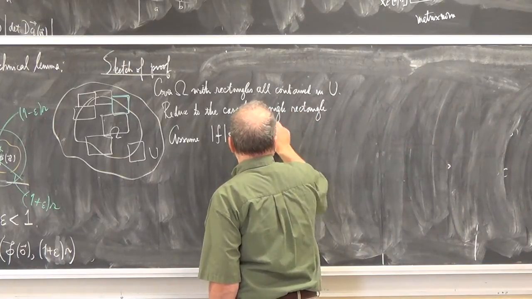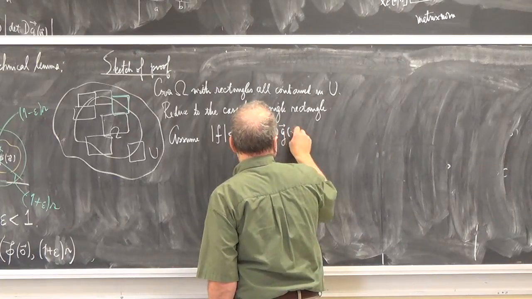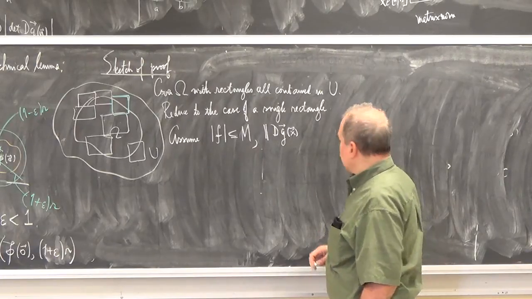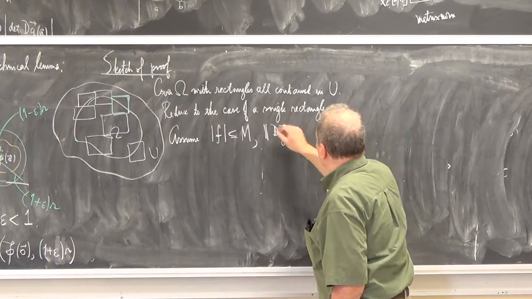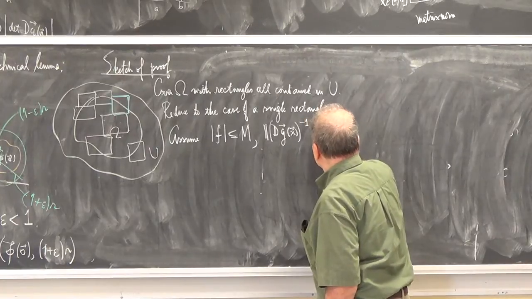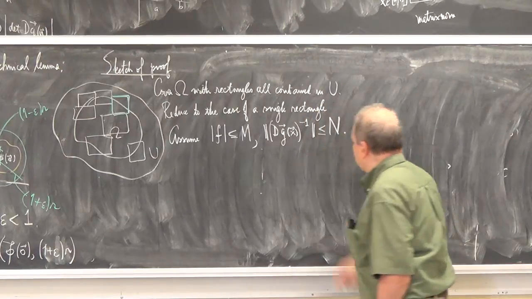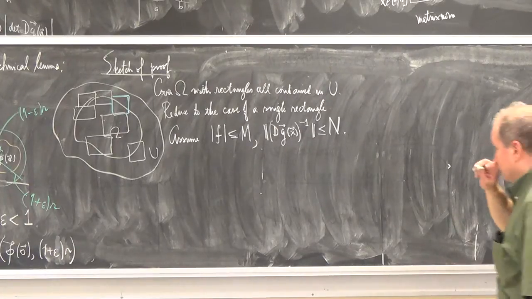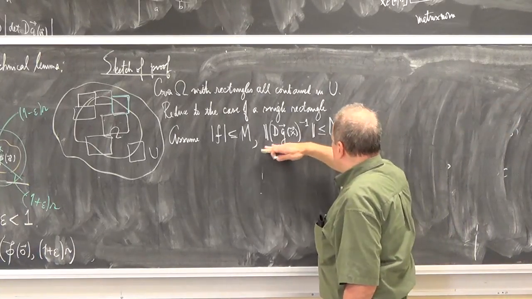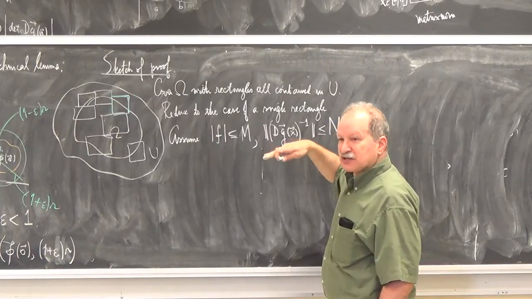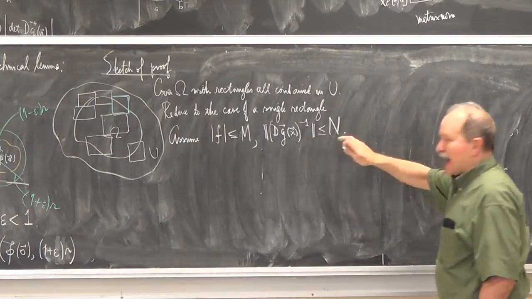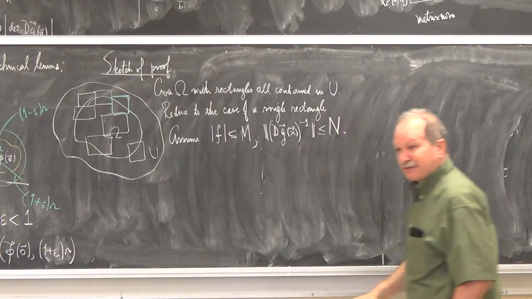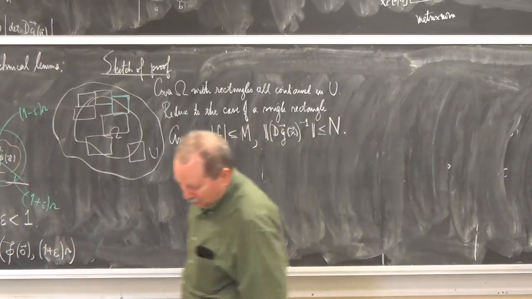I'm going to assume that if I take the derivative of g at points of omega, the inverse matrix of that has bounded norm, given by some bound n. Because I have continuous functions on a compact set, I have maxima for things. So I'm just going to assume there are these numbers that are going to come into the proof somewhere.